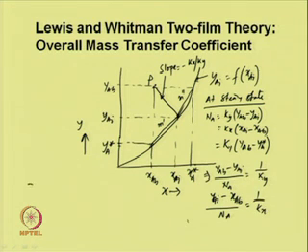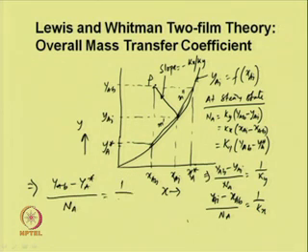Similarly, y A B minus y A star by N A is equal to 1 by capital K y.